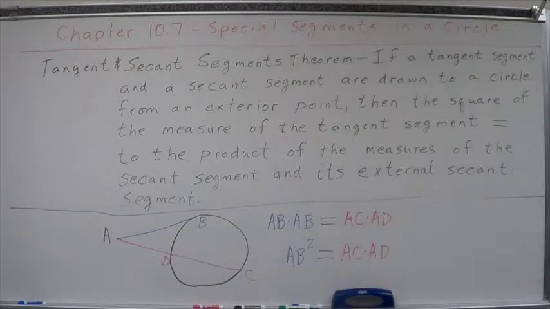All right, the last theorem we want to look at, I call it the tangent and secant segment theorem. This has to do with tangents and secants. A lot of words, we'll try to make some sense of it.